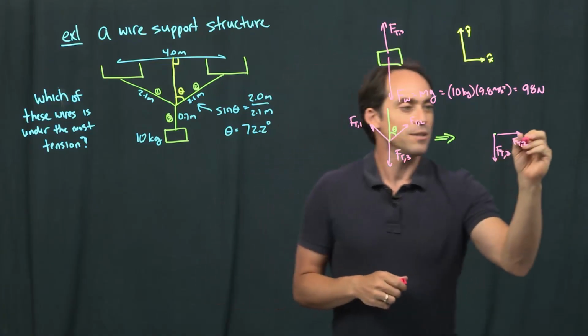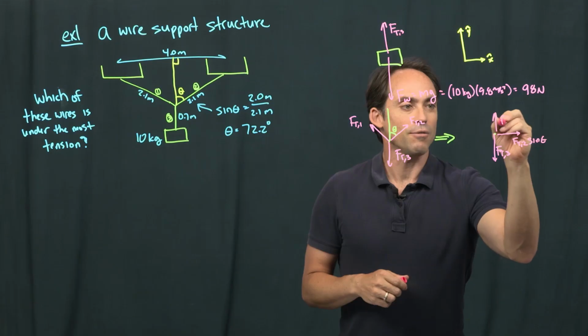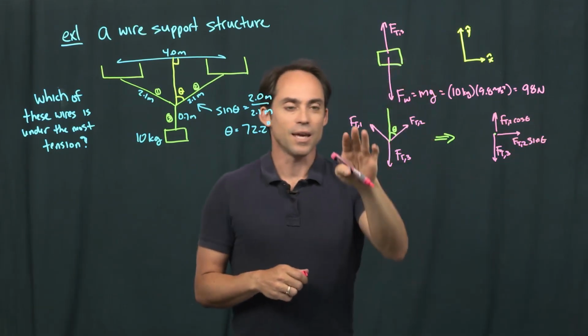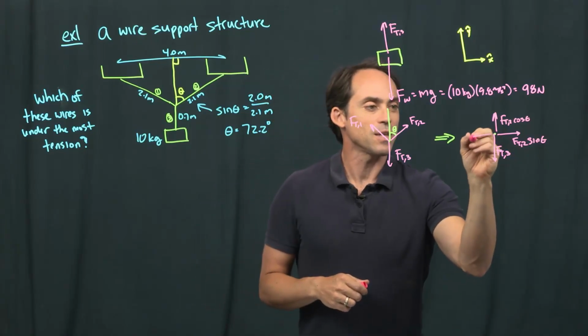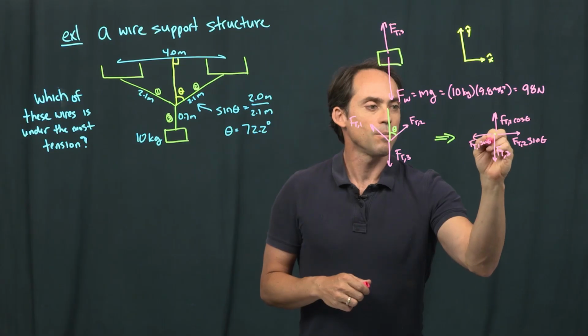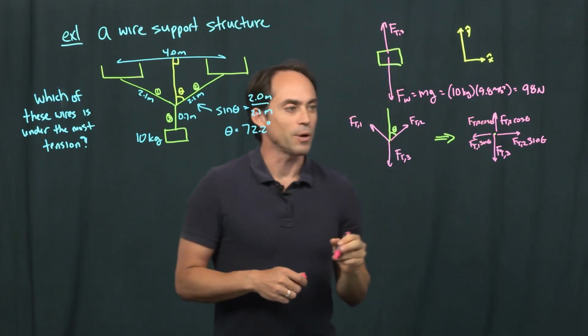So this is going to be sine theta. And of course the other component is FT2 times cosine theta. And the FT1 is exactly the same, just in the opposite direction along the x-axis, but the trigonometric functions are the same, times cosine theta. A little bit tiny writing, but you get the point.